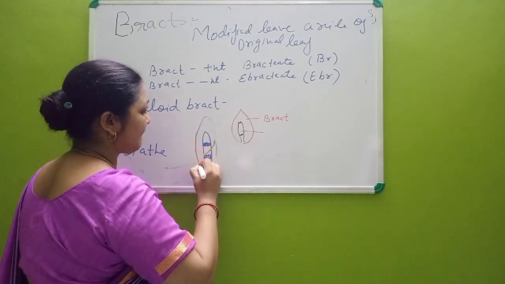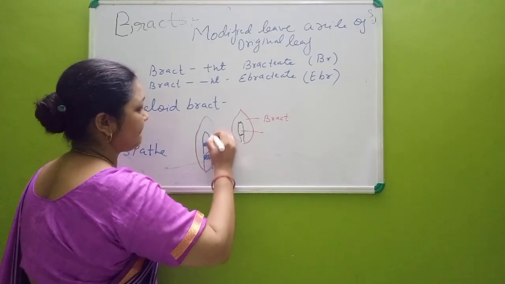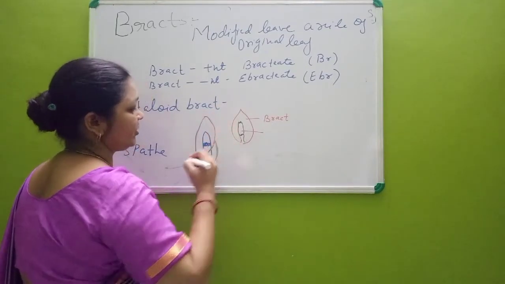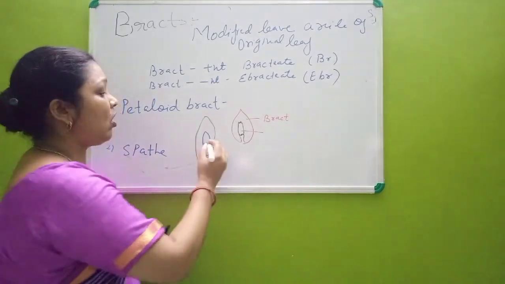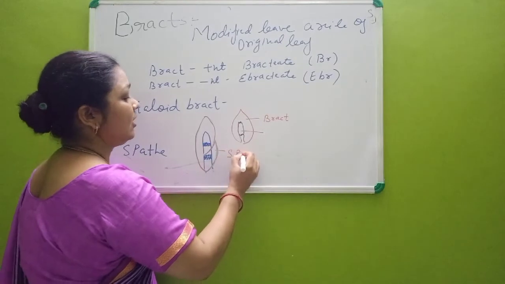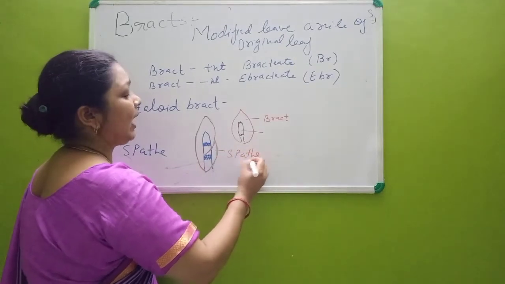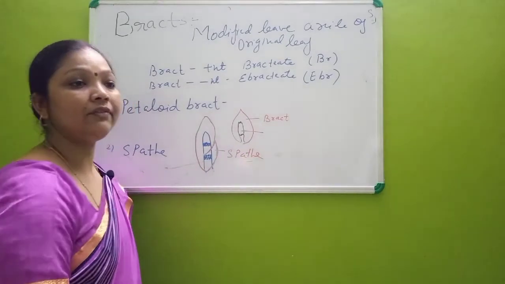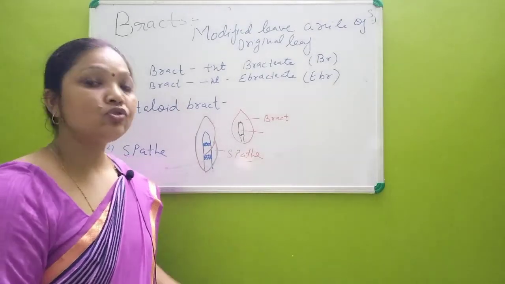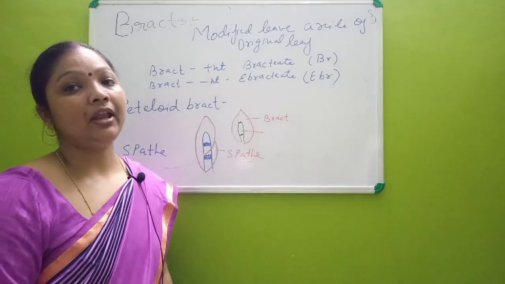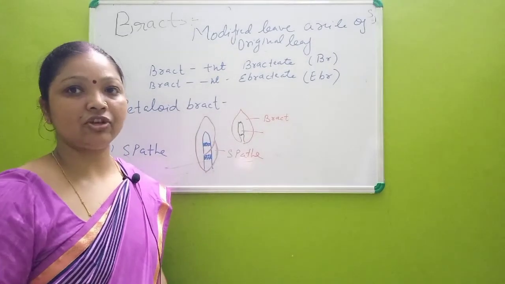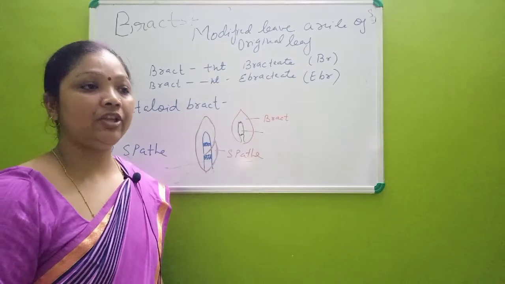This covering is called the spathe, and it is a modification of bract. This type of structure is found in banana and maize, covering a special structure to attract the pollinating agent.